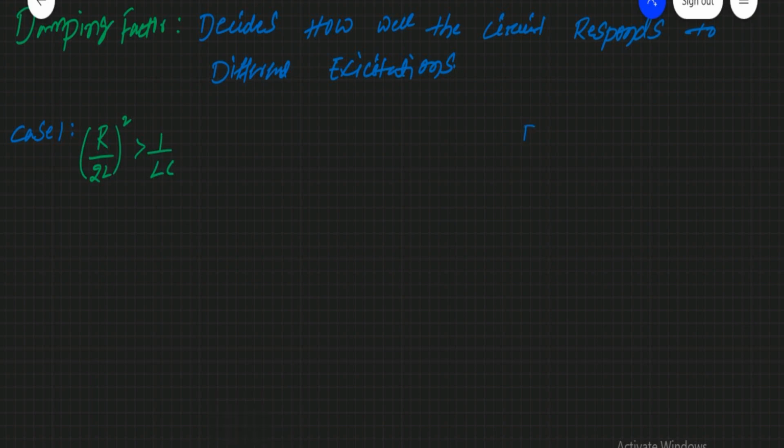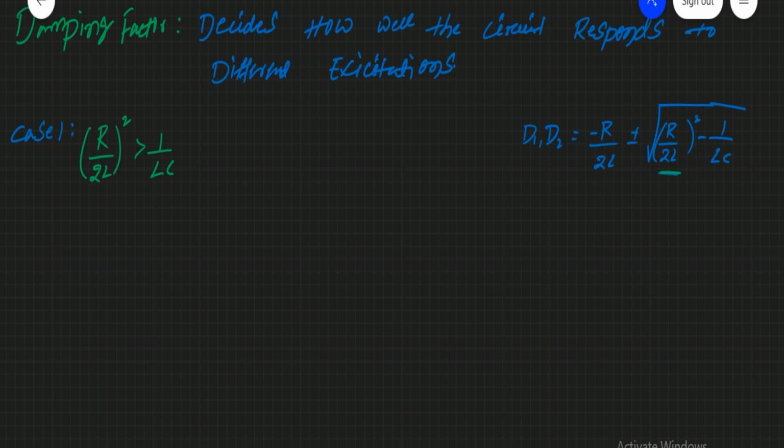We got D1, D2 equal to minus R by 2L plus or minus under root of (R by 2L) whole square minus 1 by L into C. So if R by 2L is greater than 1 by under root LC, then the value under the root becomes positive.